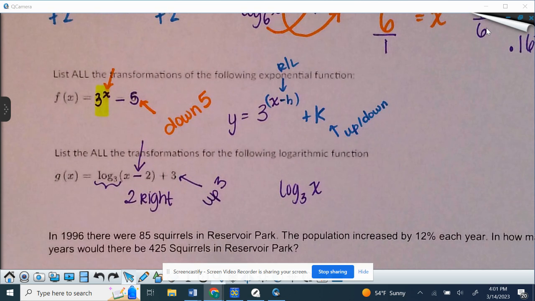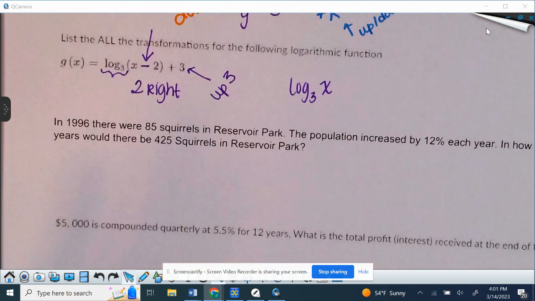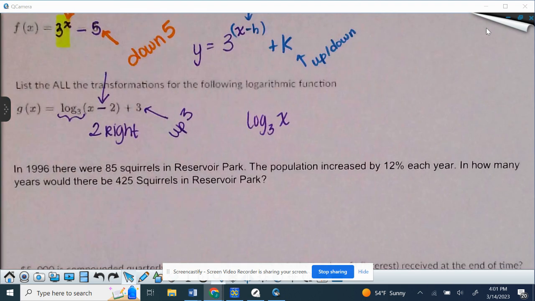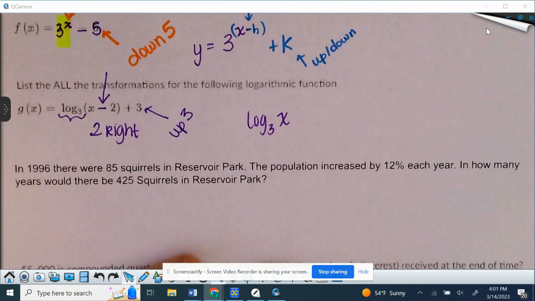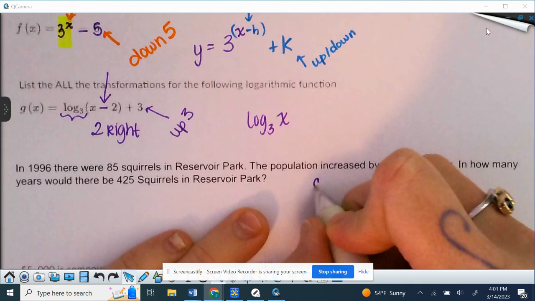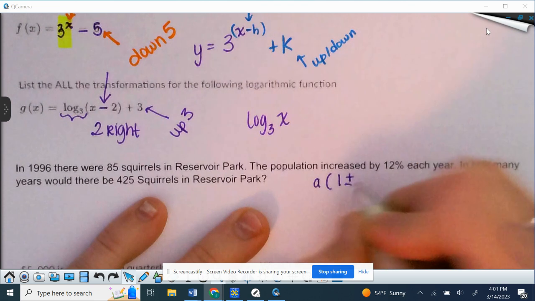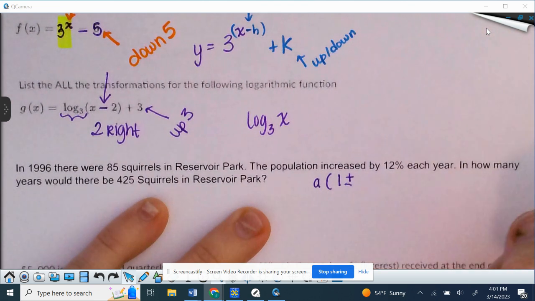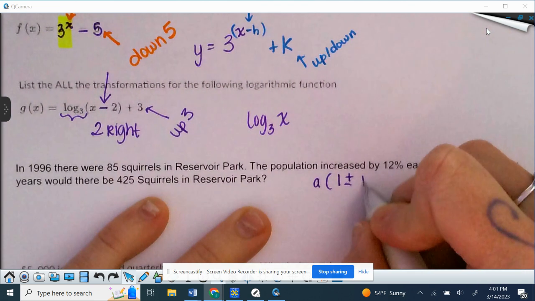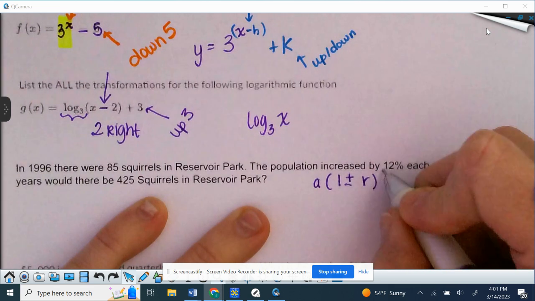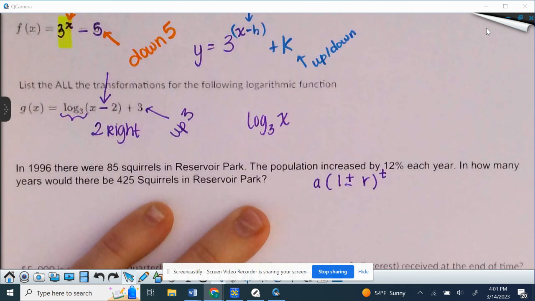All right, this one was interesting. Again, you guys either nailed this one or did not. In 1996, there's 85 squirrels in Reservoir Park. Now, this is just a basic growth or decay. So we're going to take our starting amount, times 1 plus or minus, depending on if it's growth, it's plus. If it's decay, it's minus. Our rate as a decimal raised to the amount of time we're tracking it. And then that's going to equal our population or whatever we're counting.